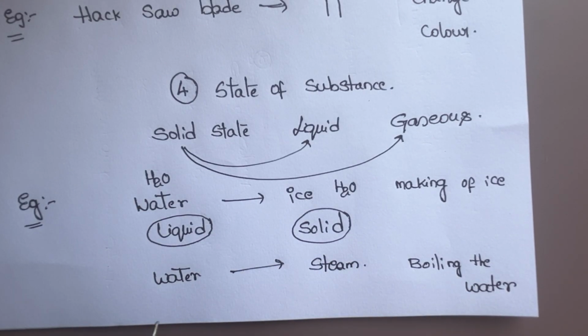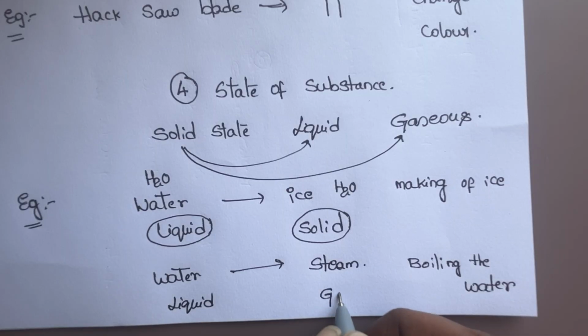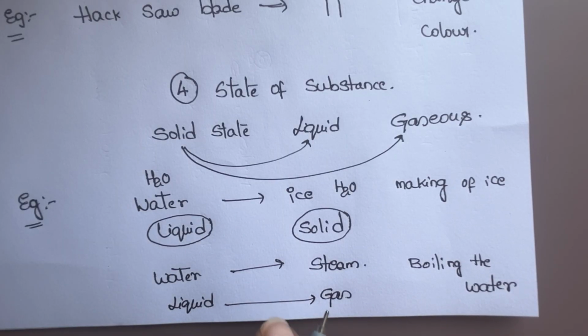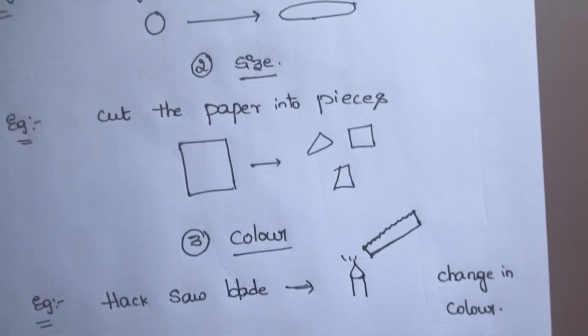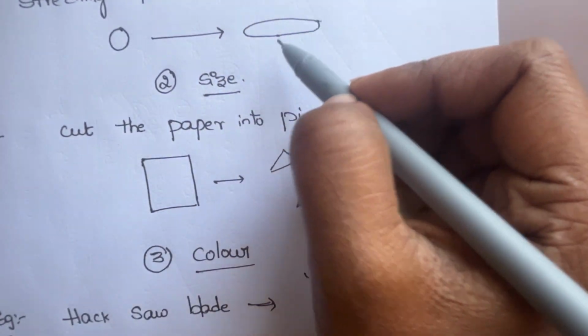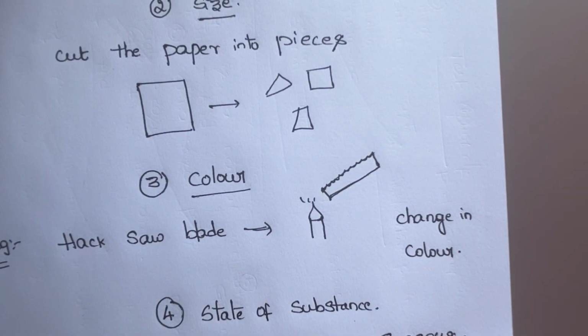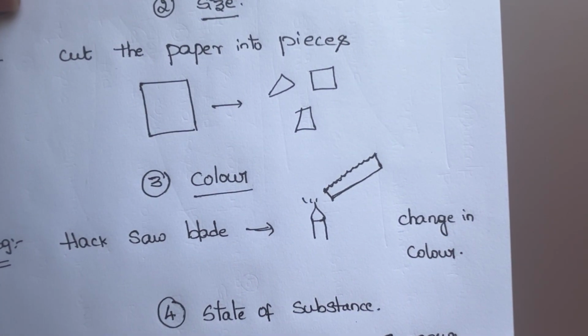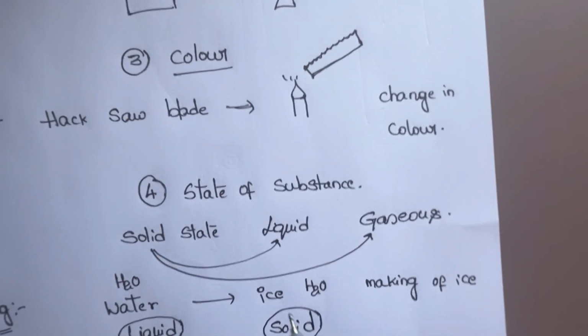Here, in particular, liquid is converted into gas. Steam is nothing but the gaseous form. So it is also a good example. So in all those cases, if there is a change in shape, a change in size, a change in color, or a change in state, all these are what we call physical change.